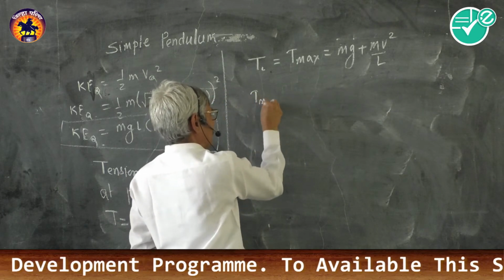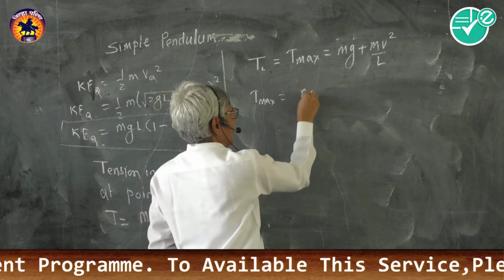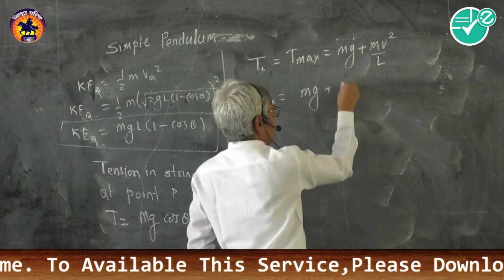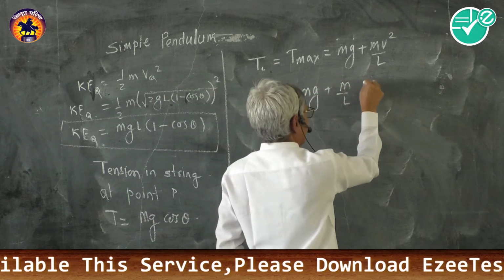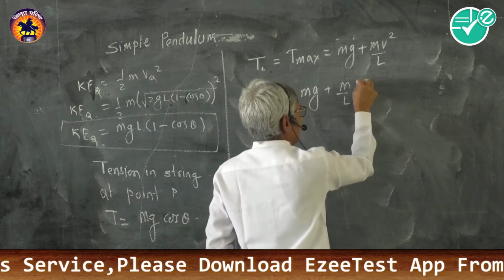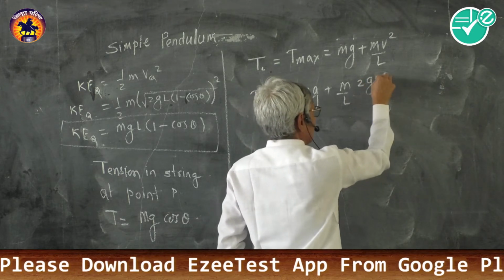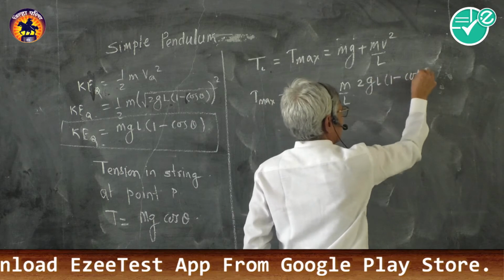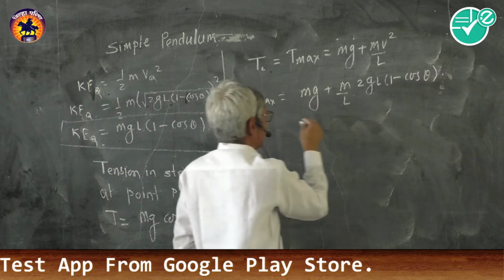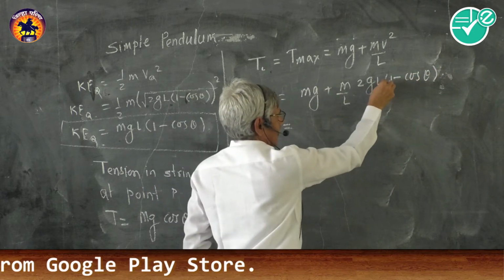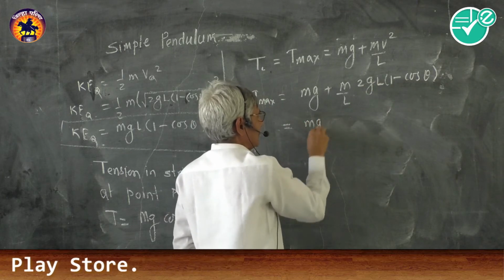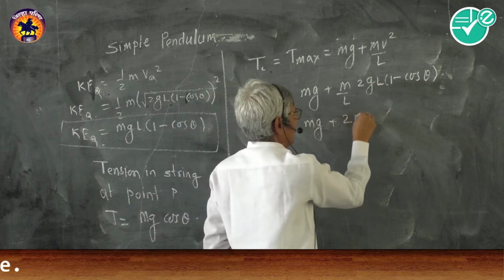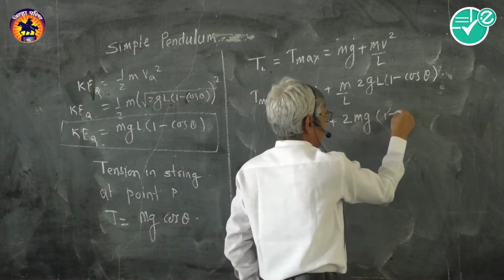So T maximum is equal to mg plus m by L into v square, that is 2gL in the bracket 1 minus cos theta. So the equation becomes mg plus 2mg in the bracket 1 minus cos theta.